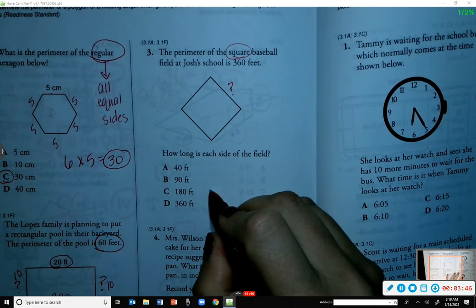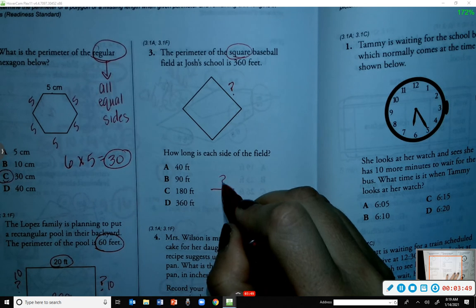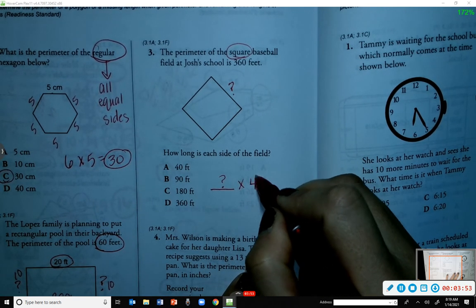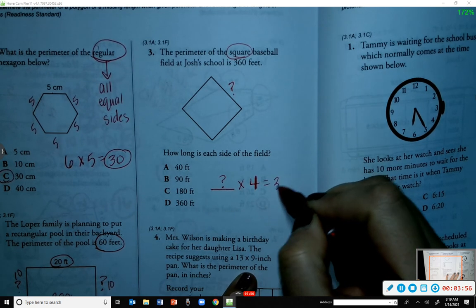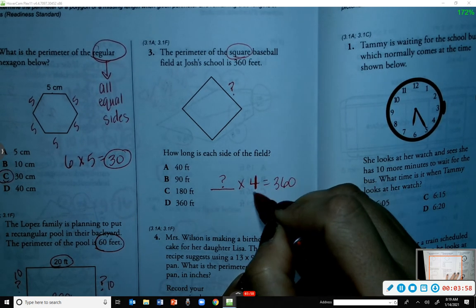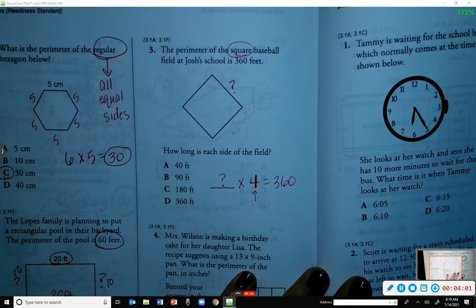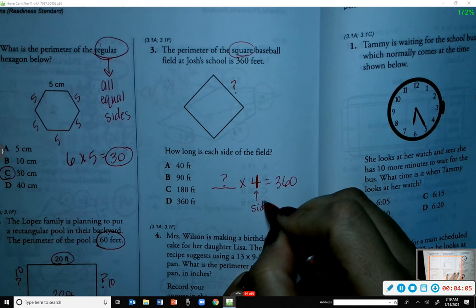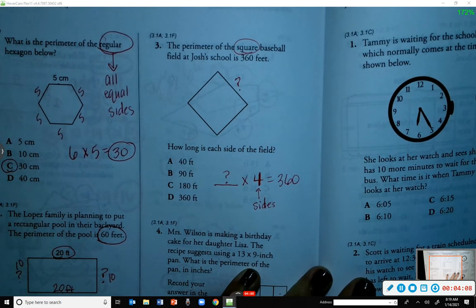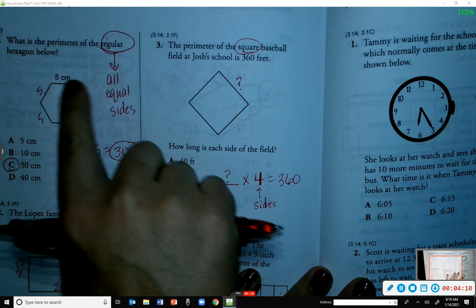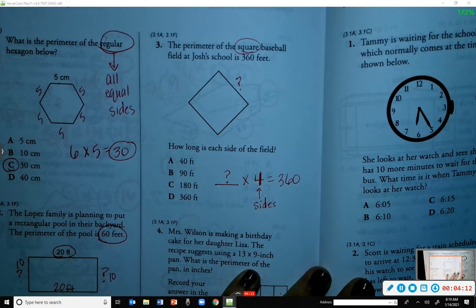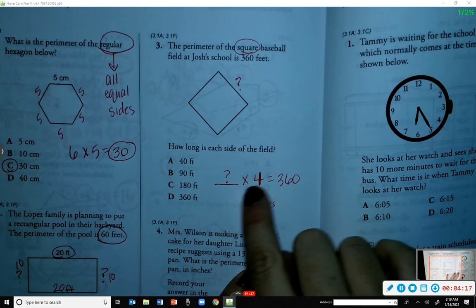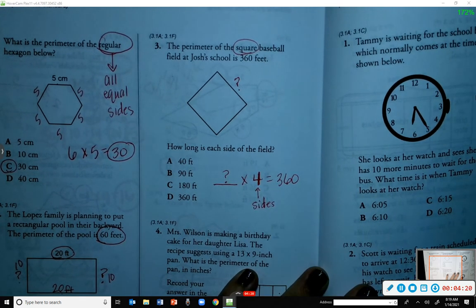Okay, so I need to figure out the missing number, and I would multiply that missing number by 4 to get 360. Where is this 4 coming from? The 4 sides. 4 sides, good. If they're all the same, then I can multiply. Just like over here, all these sides were the same, so I multiplied it by 6.